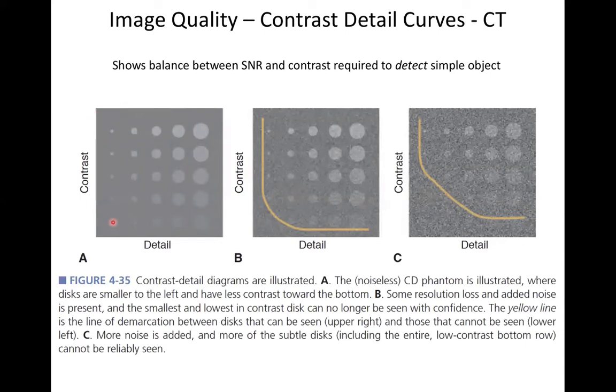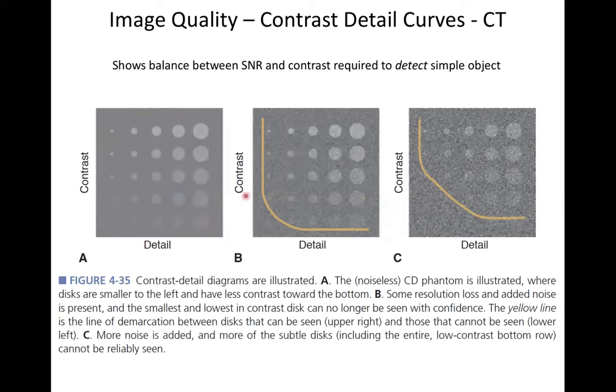So if this is the contrast detail curve, when we use a lot of radiation, we can detect all of these objects quite easily when the contrast between the object and the background is bright, i.e. there's a high contrast. As our contrast gets lower, it gets more difficult to detect these objects. Obviously, even with high signal to noise data, you'd be hard pressed to say if there's an object here or not.